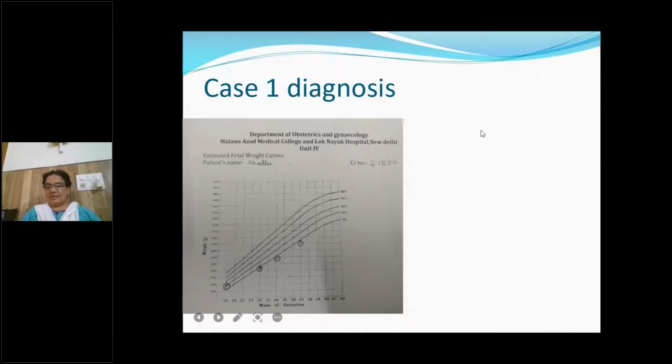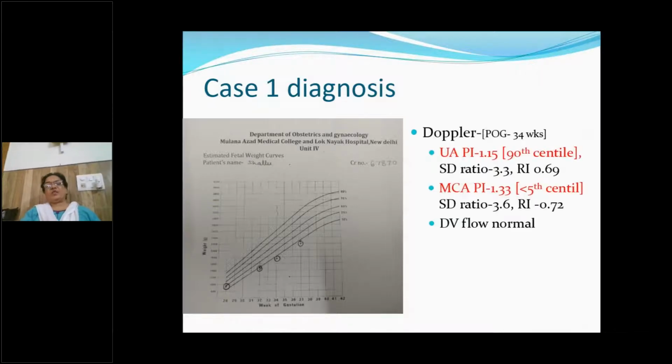And this is further confirmed by the Doppler. The umbilical artery pulsatility index is 1.15, which is at the 90th centile. So the pulsatility index of the umbilical artery is increased above the 90th centile, and the middle cerebral artery is less than the 5th centile.